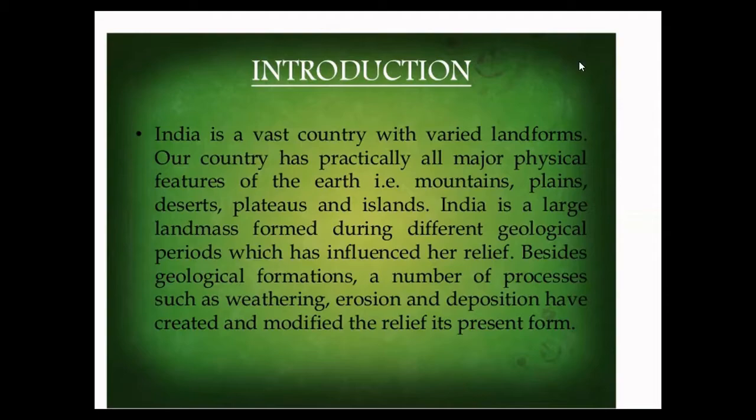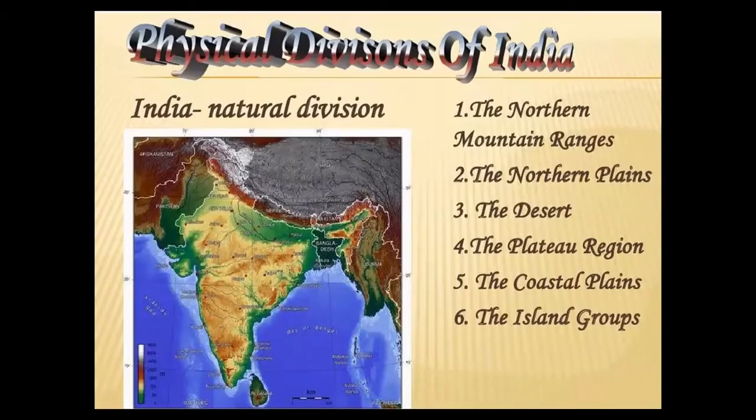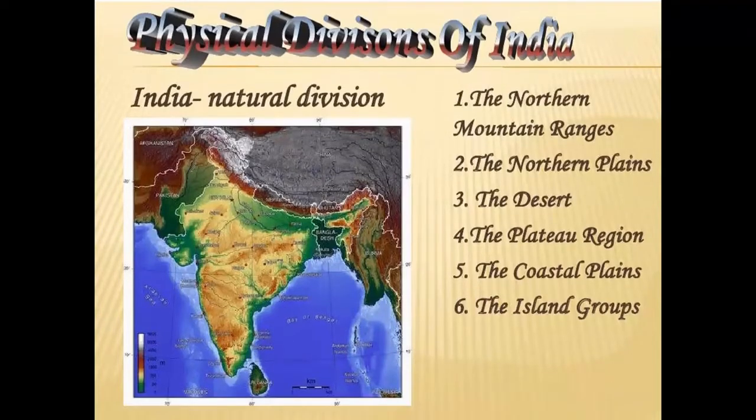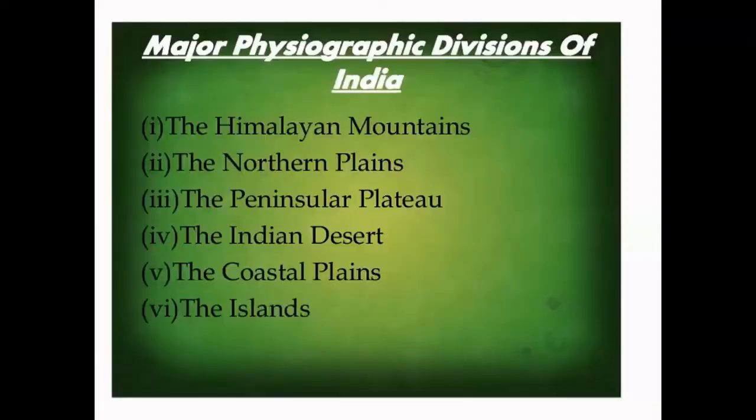So you can say that the major physiographic divisions, or the physical features, can be grouped into the Himalayan mountains, the northern plains, the peninsular plateau, the Indian desert, the coastal plains, and the islands.